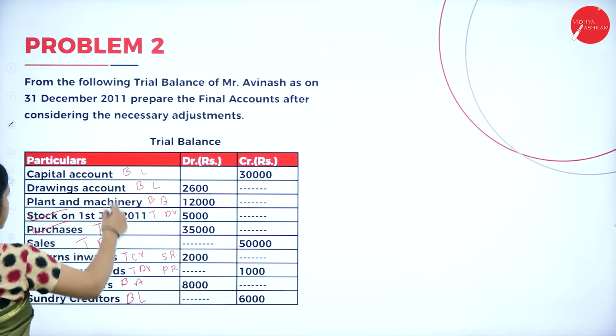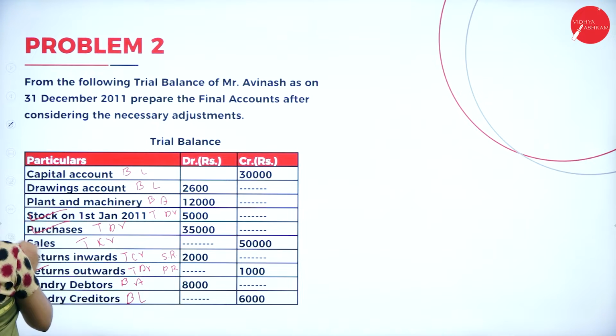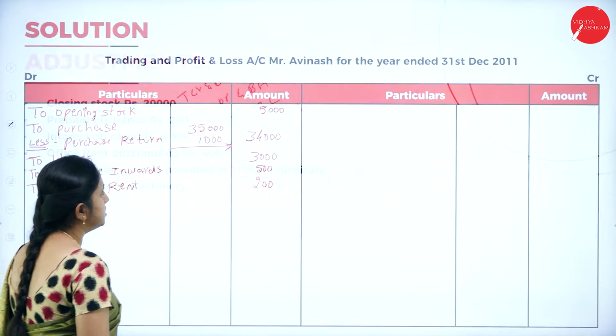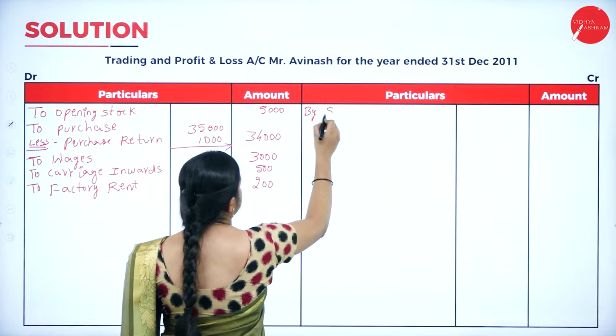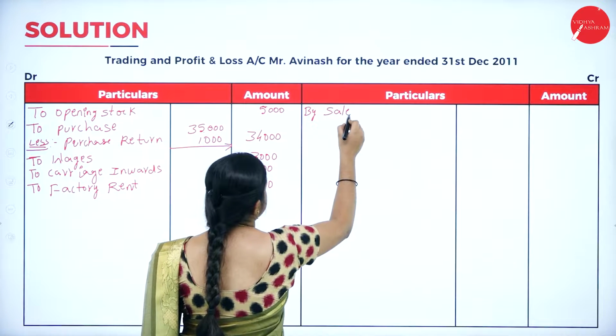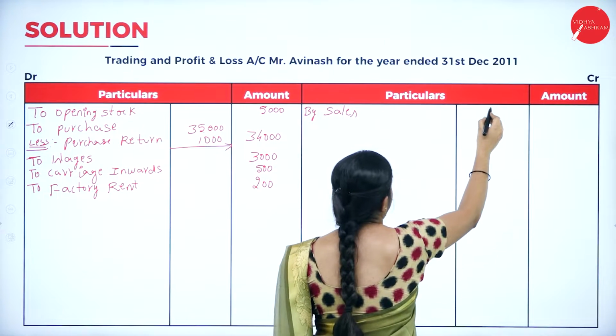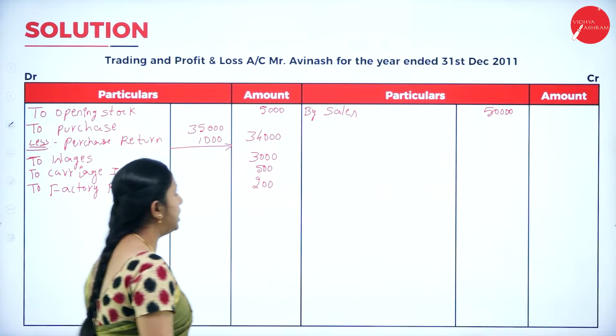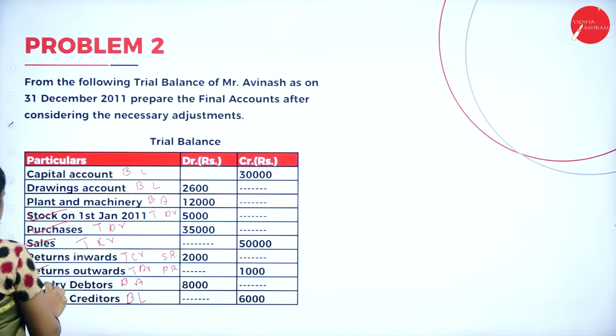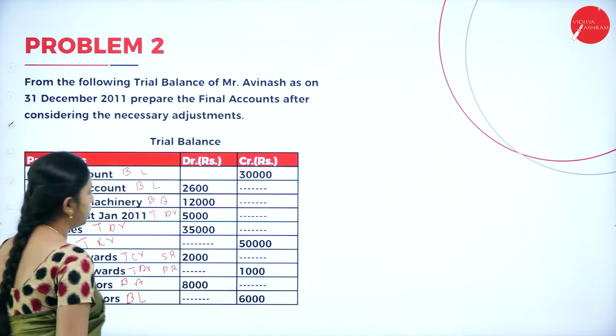Now come to the trading account credit side. We have sales, rupees 50,000. By sales 50,000. We have sales return, so write the amount in the inner column. Sales 50,000, then return inwards, that is sales return 2,000.